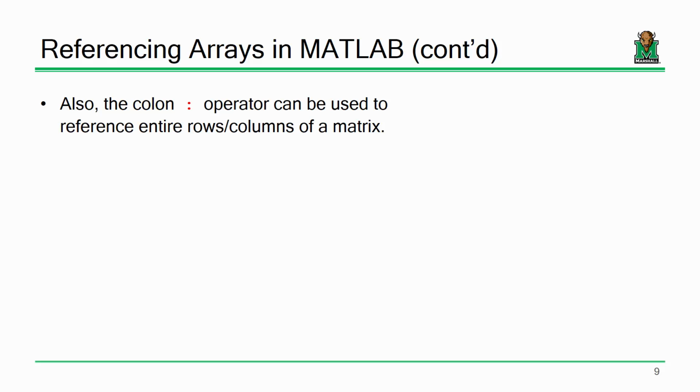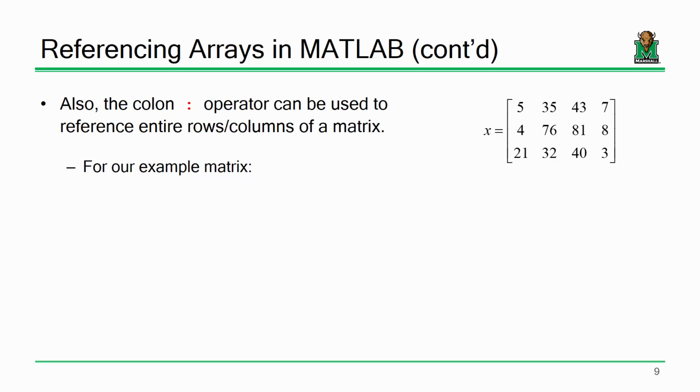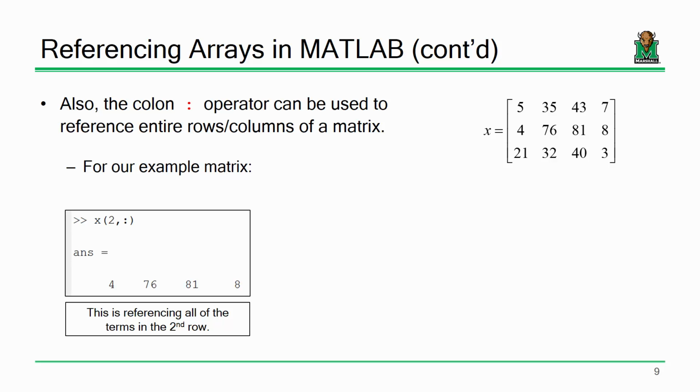We can use the colon operator to refer to an entire row or an entire column of information within a matrix. So here, this is our matrix X that we've been working with so far. Try asking it to give you 2, which means the 2nd row, and then the colon means all of the columns, so all of the data there.